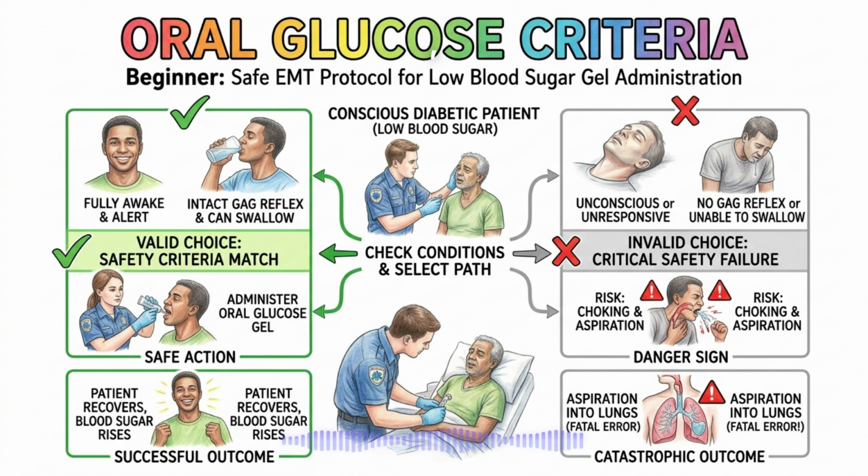You can only give oral glucose if the patient is fully awake, has an intact gag reflex, and can successfully swallow on their own. If the patient is unconscious or unable to swallow, squeezing gel into their mouth will cause them to choke and aspirate into their lungs, which is a fatal error.